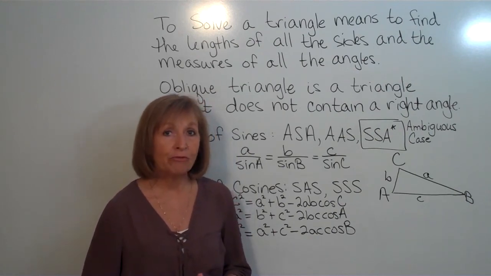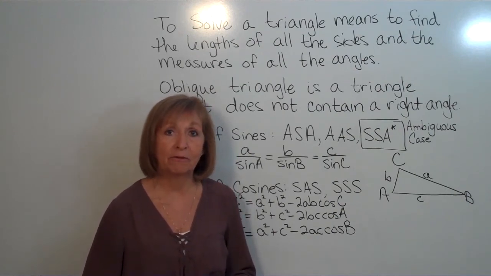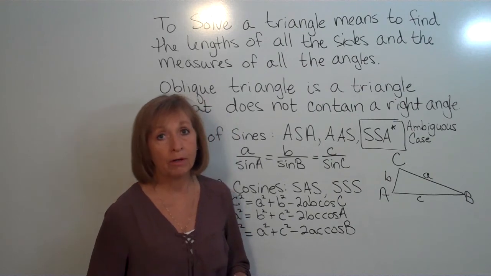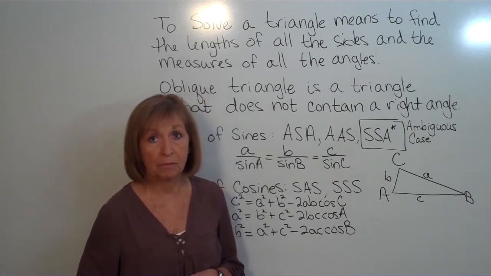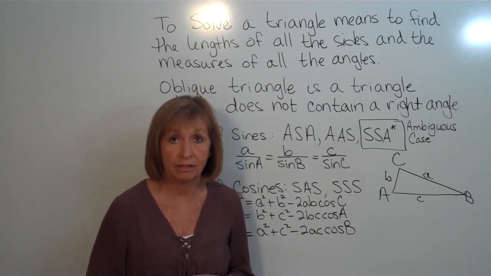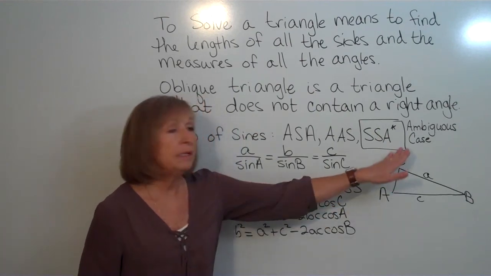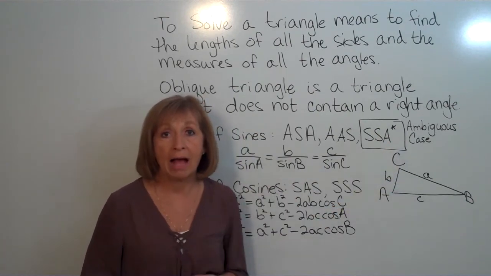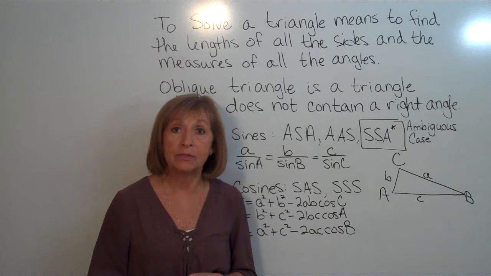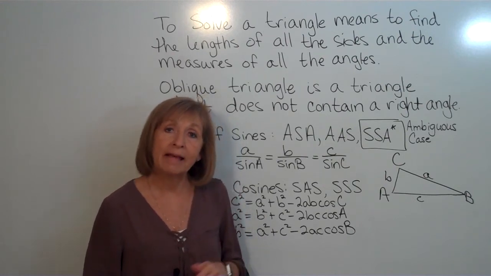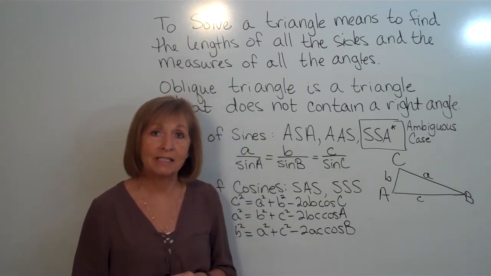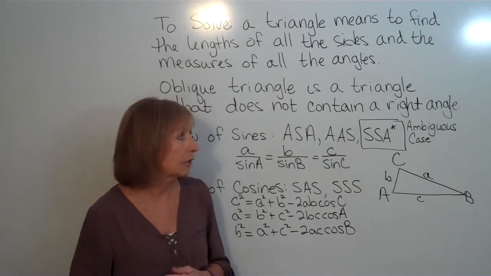I have to evaluate the given information to make sure I report all the possible situations, or report that there's not a triangle if there isn't. I will be doing a separate video on the ambiguous case and how you decide, and I'll put that link in the description of this video.